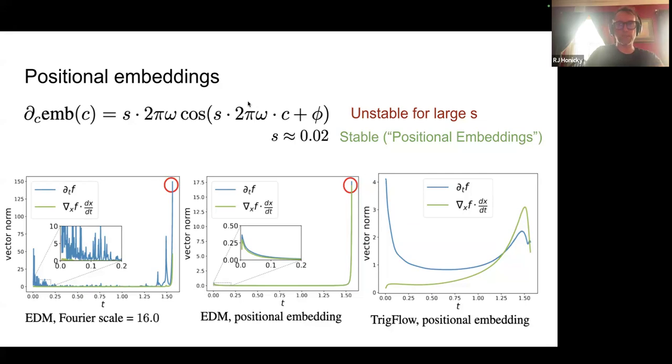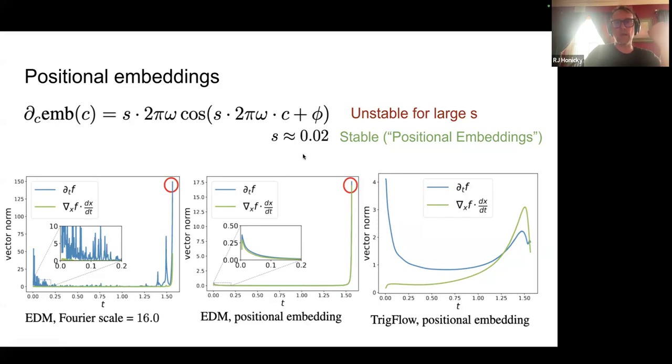And there's a reason for that, because this is used in the attention block. So they point out that the scale they had set here was 16. It's very high and it causes lots of instability, including right when you get to pi over 2, it goes to infinity. So that's obviously bad.